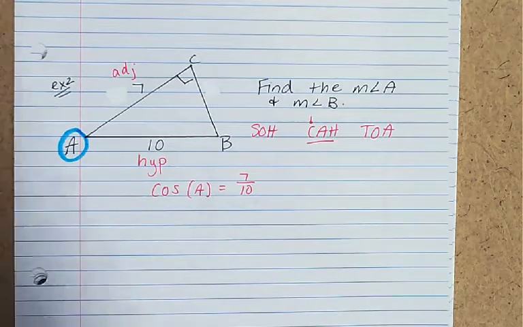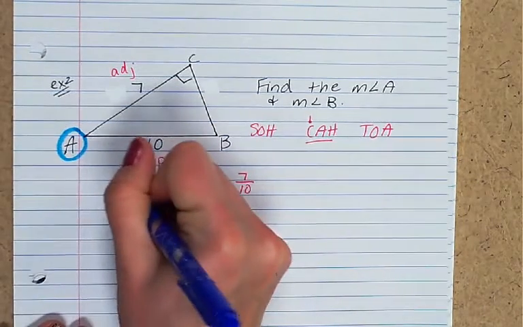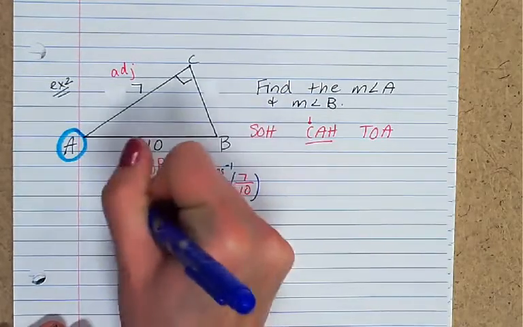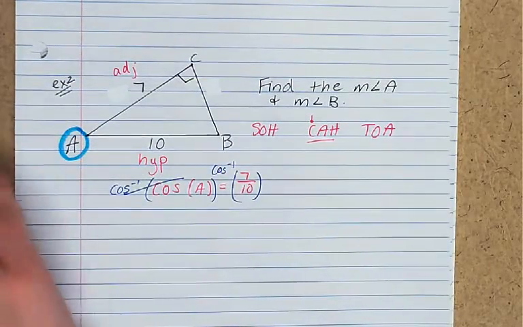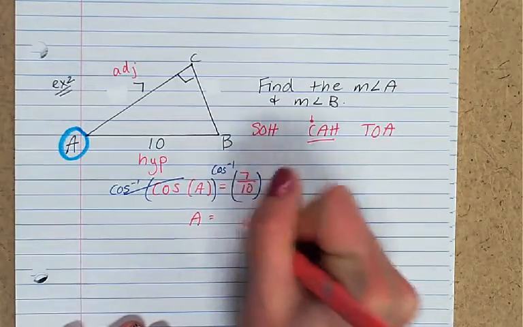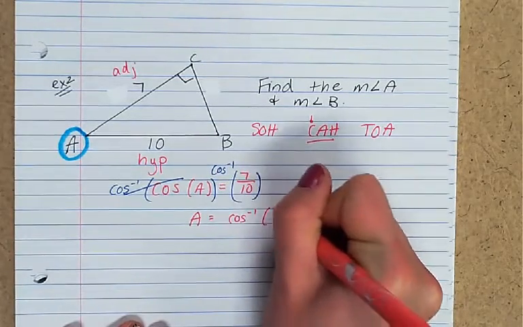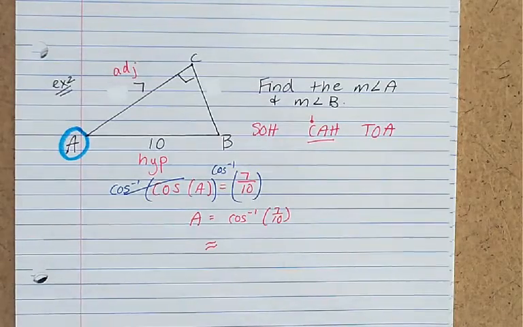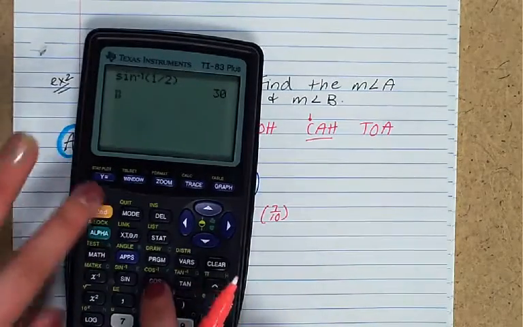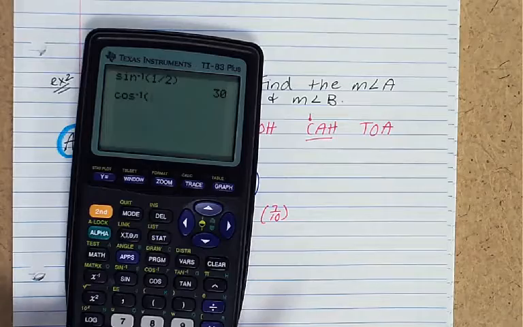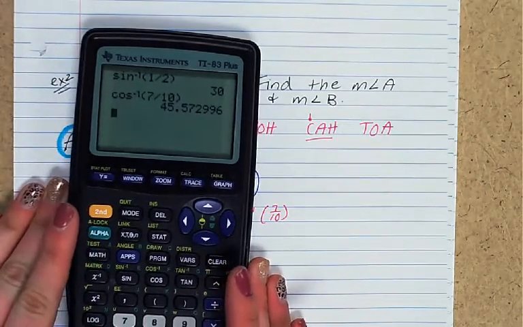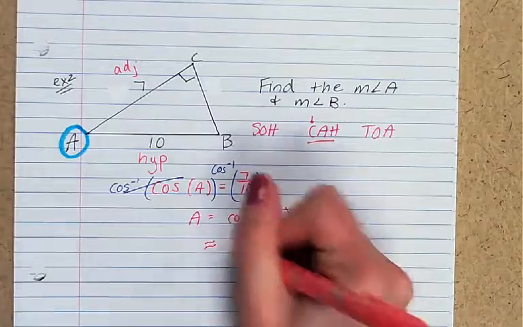Again, to get A by itself, I need to cancel out the cosine. So I'm going to use cosine inverse on both sides. Those cancel, and I get A equals cosine inverse of 7/10, which we can just figure out in our calculator. I'm going to go second cosine, so cosine inverse comes up, 7 divided by 10, and we get about 45.6 degrees.